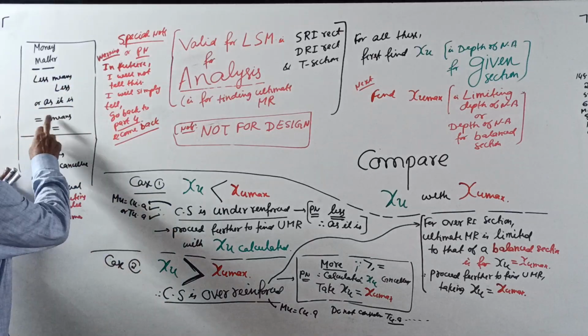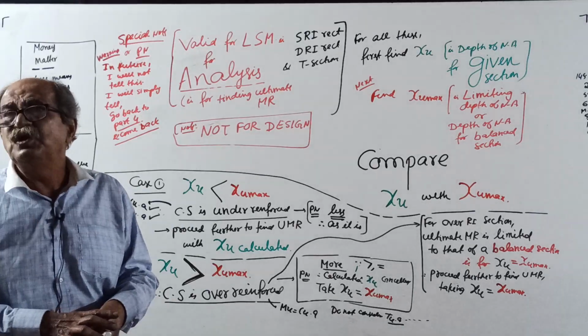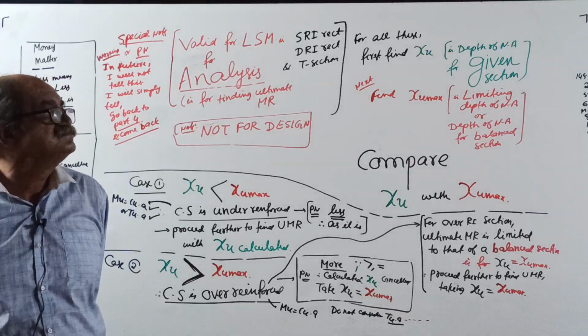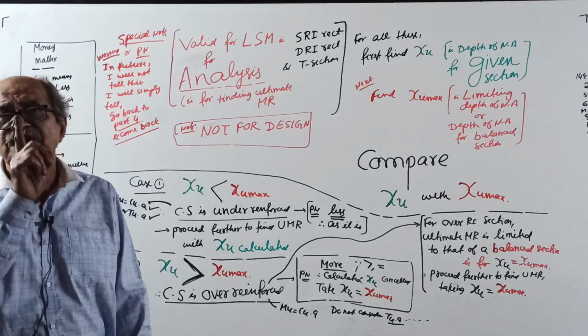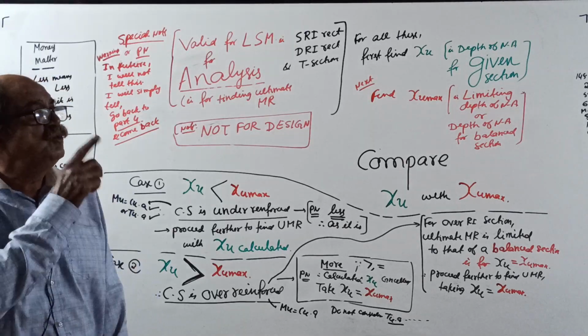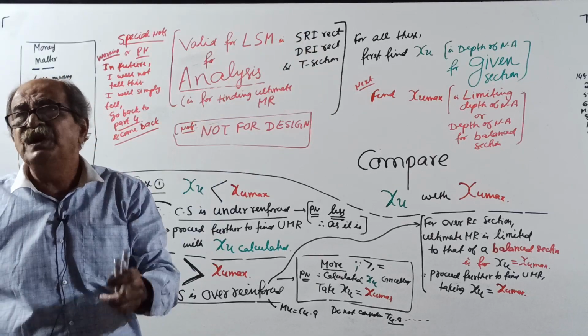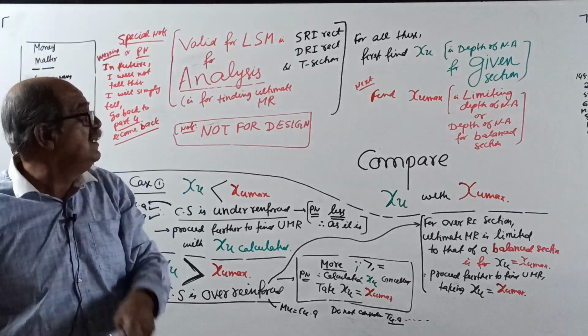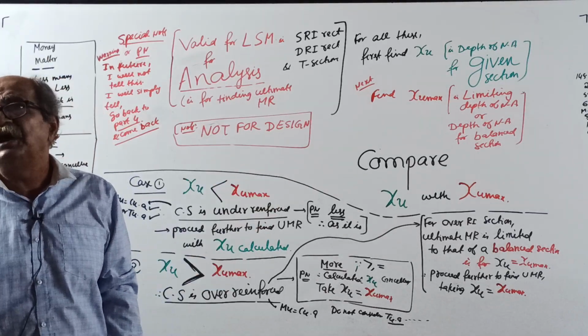Equal means equal. Suppose it is your pocket money and you have 1,200 rupees. You are about to buy, and the elderly person will say, I told you already, you are not supposed to spend more than 1,000. So even if you have 1,200 rupees, if XU is more than XU max, you should not use that strength.